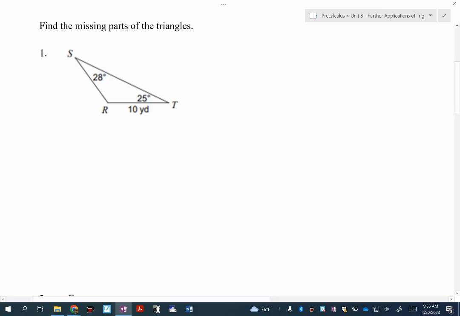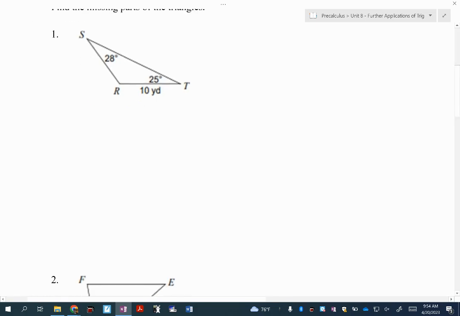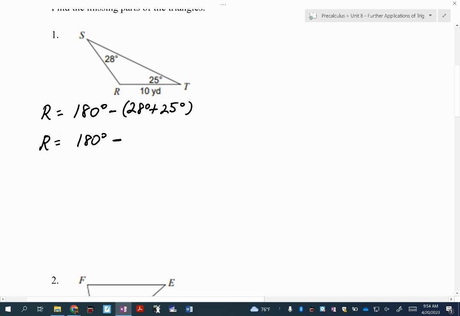So my first thought when I look at this first triangle, RST, is I notice I have two angles. So if I have two angles, I can actually find the third angle, angle R, which is going to be 180 degrees minus the sum of the other two. If you need to use your calculator, please feel free to use a calculator. I'll be using it as we get more into this problem.